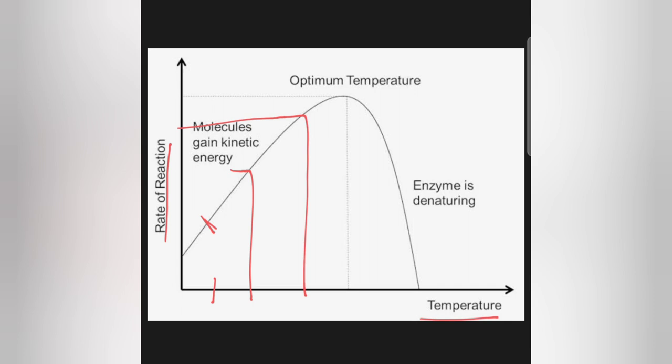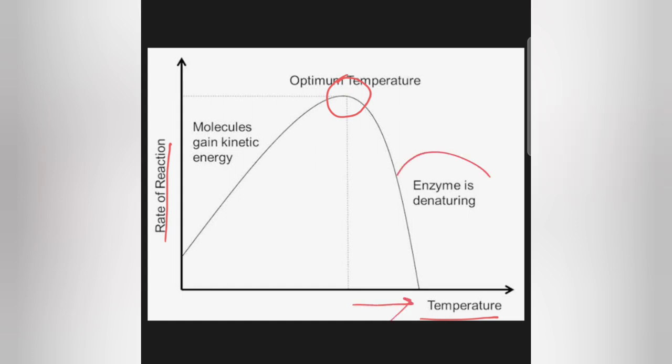It is increasing, and this is the maximum rate of enzyme catalyzed reaction at this particular temperature, and that is why this temperature is known as optimum temperature. If you see the graph, apart from this exact point, the rate of reaction is increasing below this temperature, and above this particular temperature the enzyme is denaturing, meaning getting destroyed.